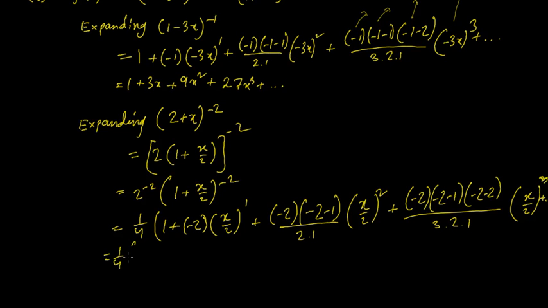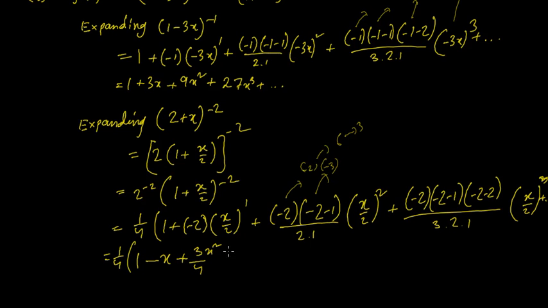So 1 by 4, let's keep it here. This is 1 minus 2 by 2, which is minus 1, so minus x. Then this is minus 2, this is minus 3, so this is going to be 6 by 2, which is 3, times x by 2 whole squared, so x squared by 4, so 3x squared by 4.